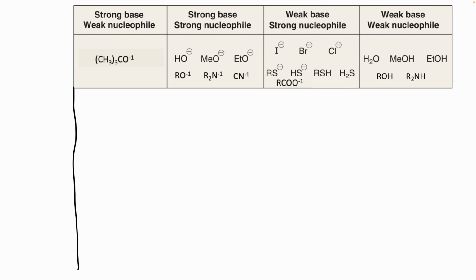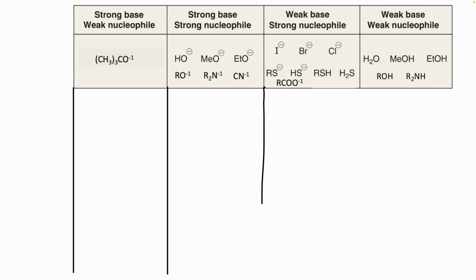All right, what I'm going to expect you to be able to do is to make this little chart here. What we're going to do is for each category, we're going to create 3 rows.